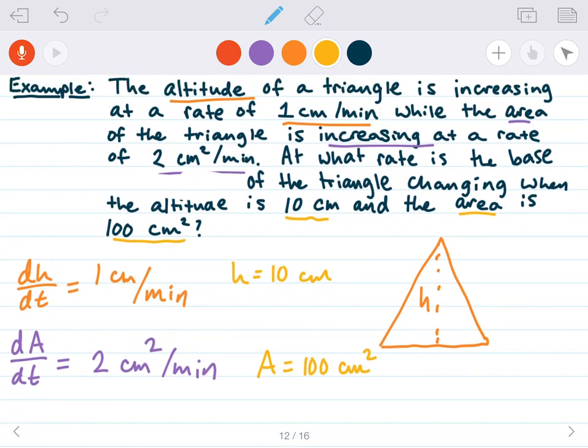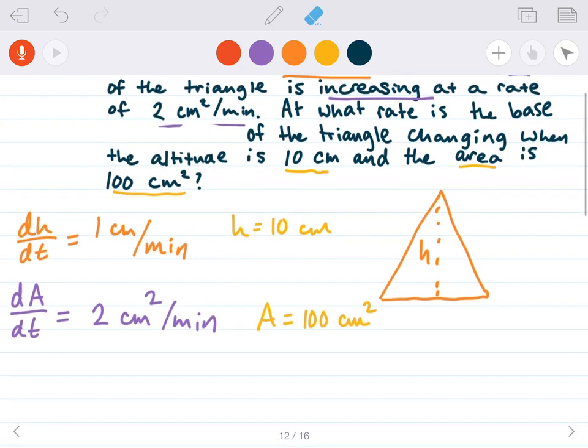Now, I just want to really harp on this because it's super important and it's something that a lot of students have misconceptions about. We don't want to plug in the h and the A values as if they're constant first. We want to differentiate and then plug in. Because if we have this area formula relating height or altitude, base, and area, we have this formula, 1/2 times base times height.